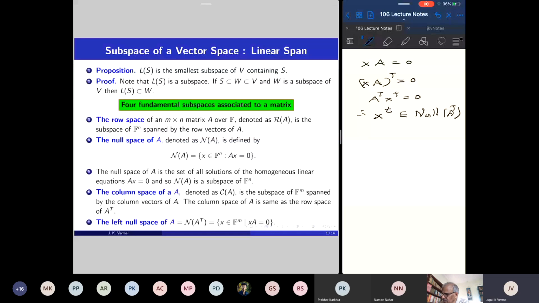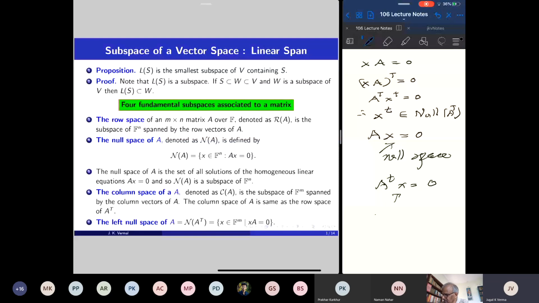The null space of A is all solutions of AX equal to 0. And all solutions of A transpose X equal to 0 form the null space of A transpose.